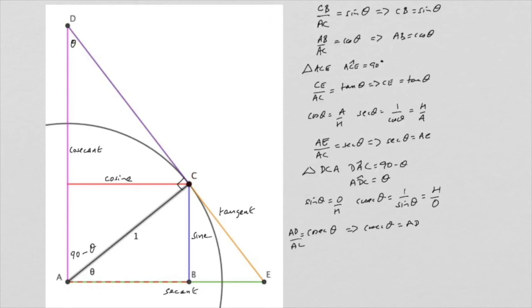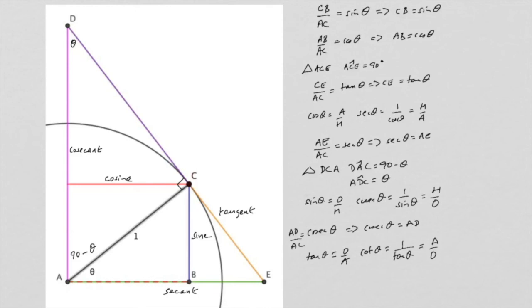And then finally we have the fact that since tan theta is the opposite over the adjacent and cot theta is 1 over tan theta, that must be the adjacent over the opposite.